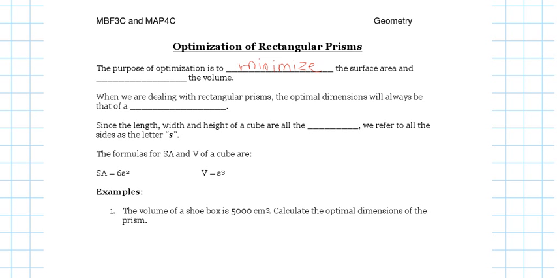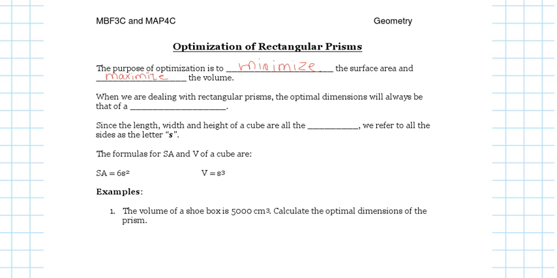So you want to use the minimum material possible, but have the maximum volume possible. So the question is going to either be find the dimension to minimize the surface area, or it's going to be find the dimension to maximize your volume.